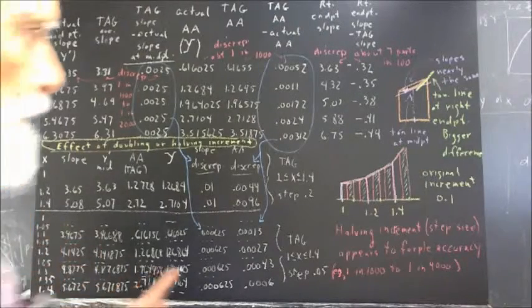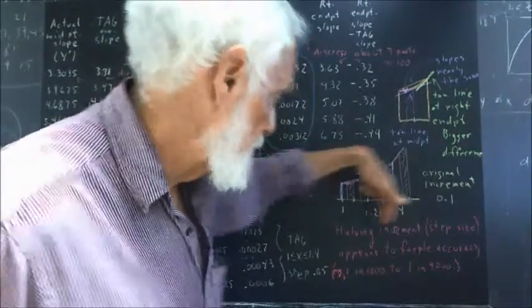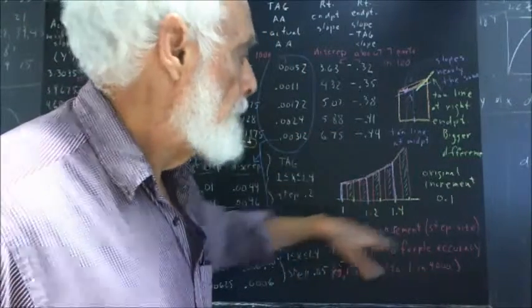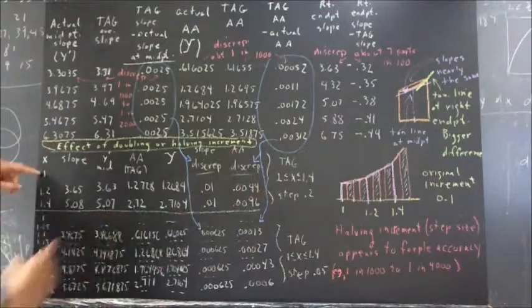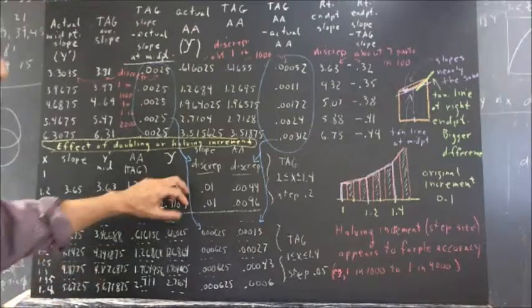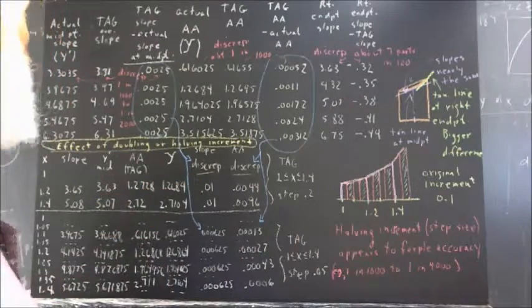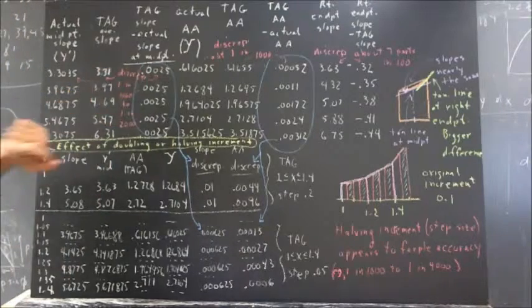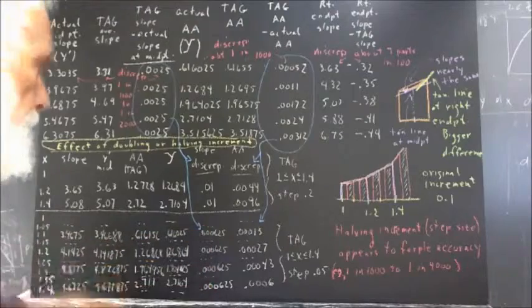So it appears that cutting our increment, or step size, in half appears to fourple our accuracy. If we start here with a step size of 0.2, our discrepancies would be like 0.01, whereas up here they go down to 0.0025.